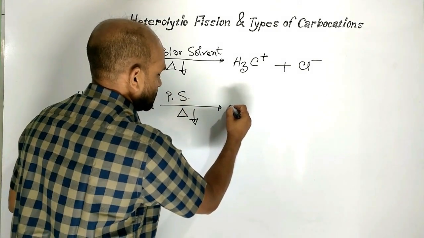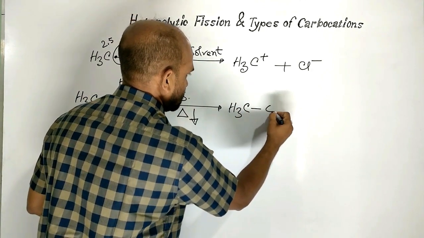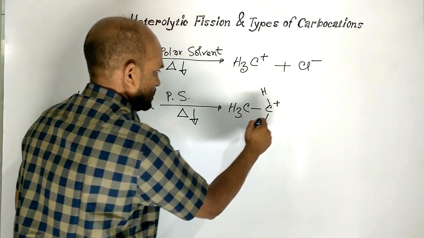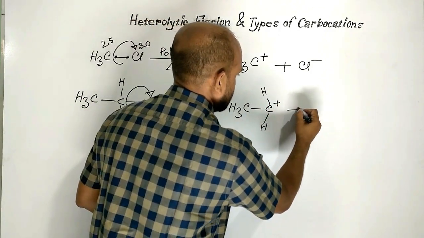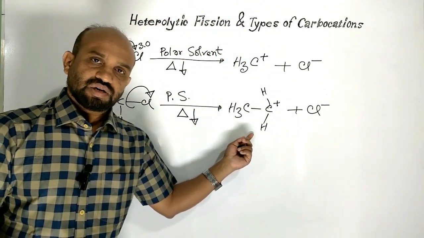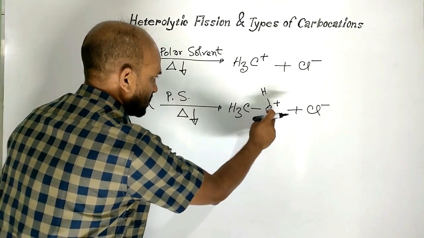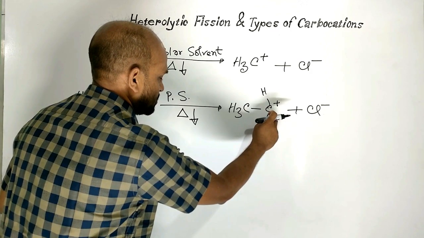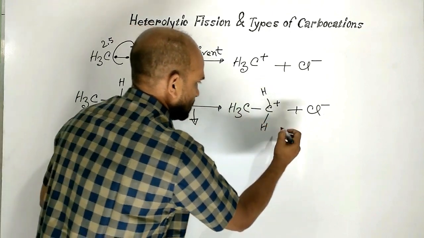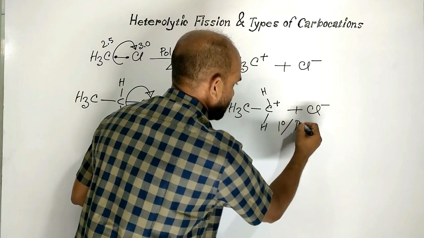As a result, these are formed: ethyl carbocation and chloride ion. Here, this is ethyl carbocation, in which we see that carbon with positive charge is attached to only one carbon. That is why it's a kind of 1 degree carbocation or primary carbocation.